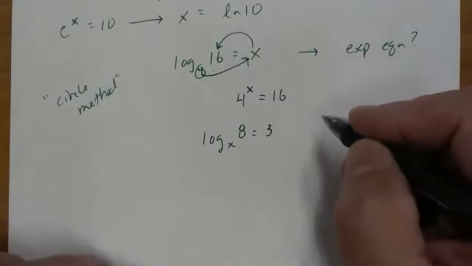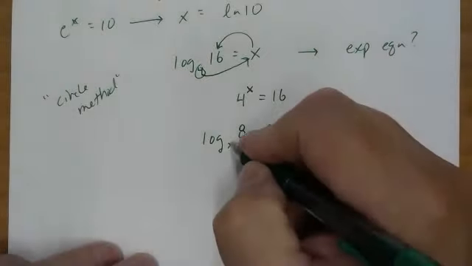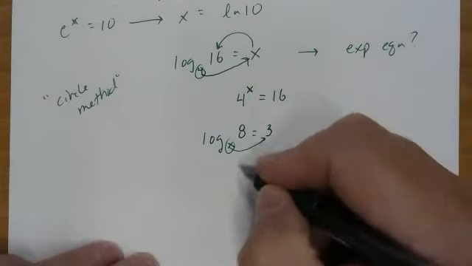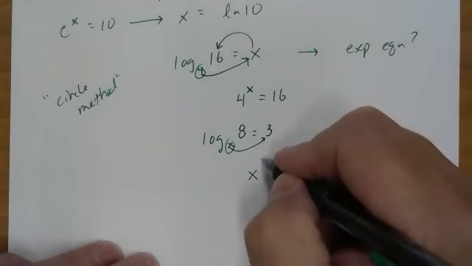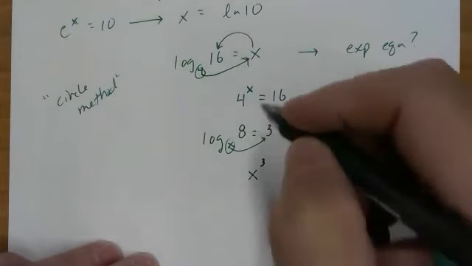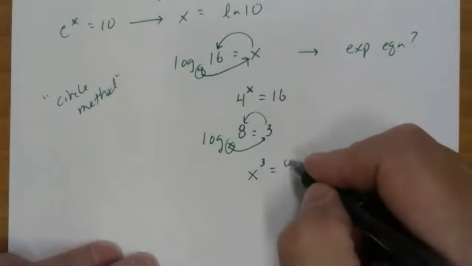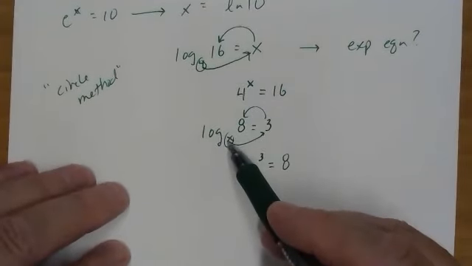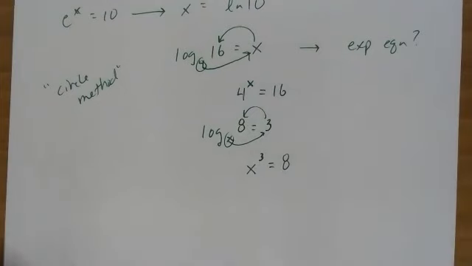But anyways, I want to rewrite this as an exponential equation. You start with your base, go to the other side. So start with my base, write that. Go to the other side, the 3 becomes the exponent. Then you go back to the other side, equals 8. So log base x of 8 equals 3 can be written as x cubed equals 8.